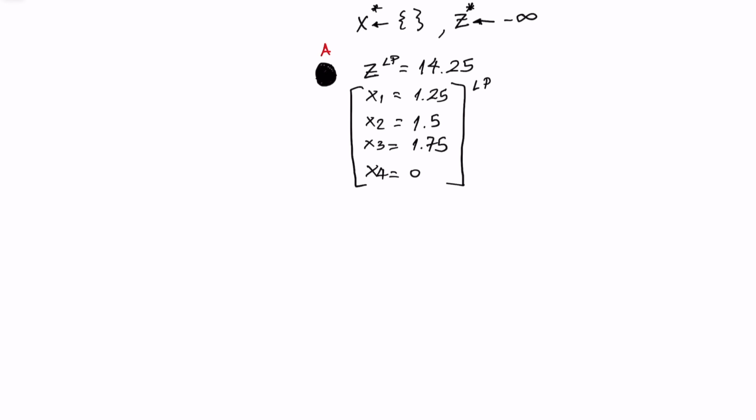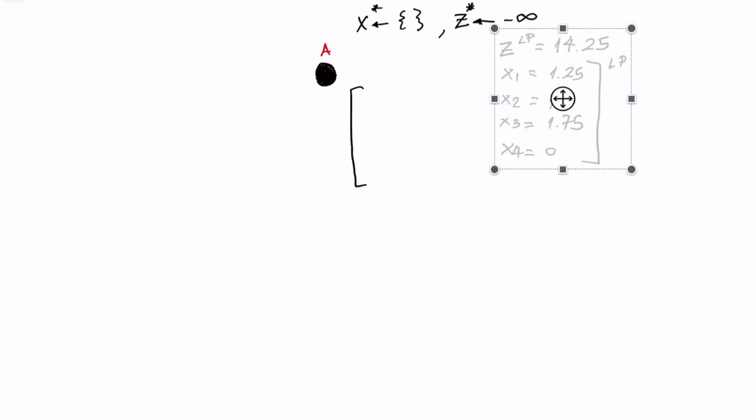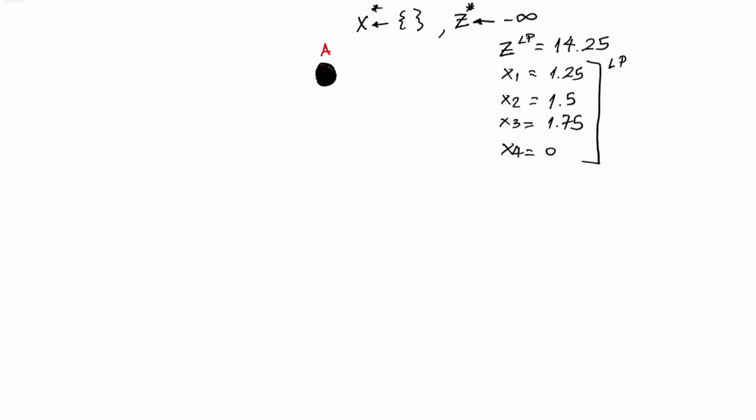So now what we will have is we need to branch on that node, right? And we need to branch with respect to a specific variable that's fractional. So we have 3 variables here that are fractional. So x1 and x2 and x3.